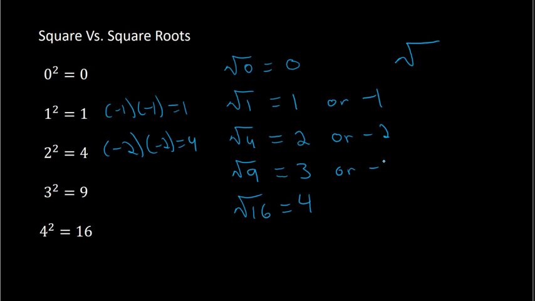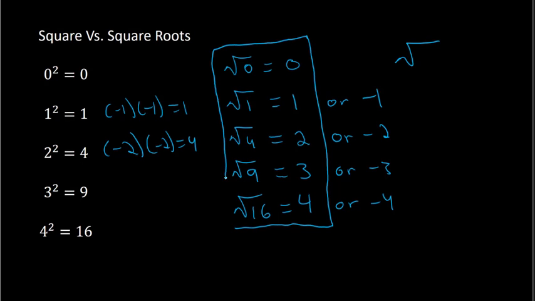This could be a negative 3, this could be a negative 4, etc. So there's technically two different possibilities for a square root, but when we're working with square roots, we're typically only concerned with the positive numbers. Alright, so for our purposes, unless stated otherwise, we can assume that we're working with the positive numbers.